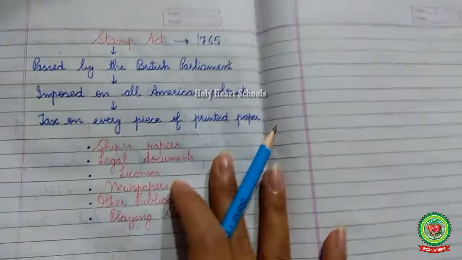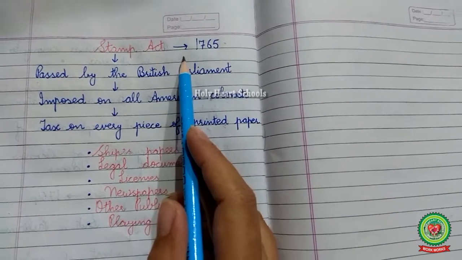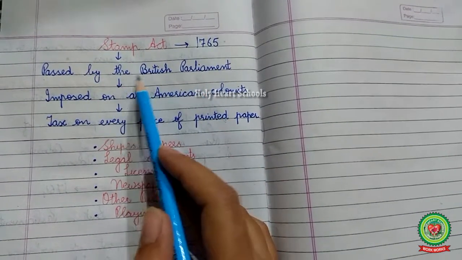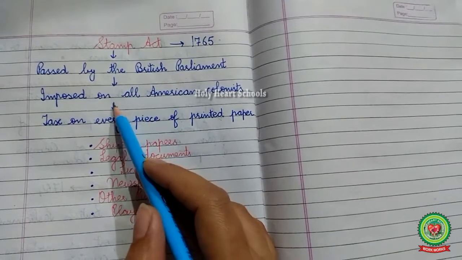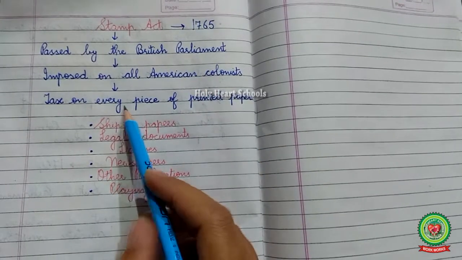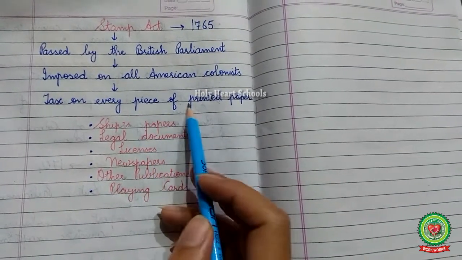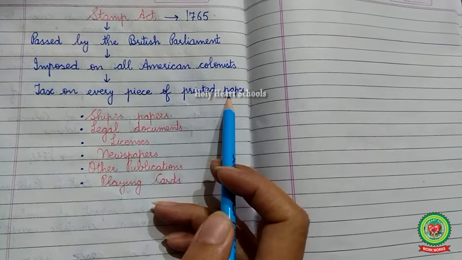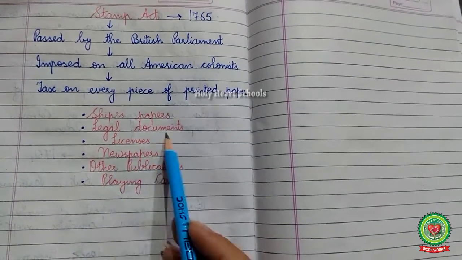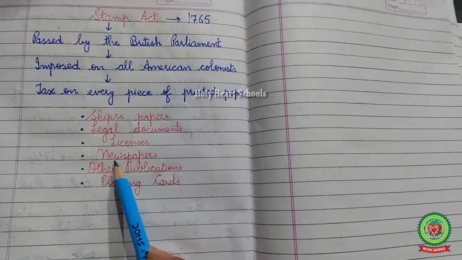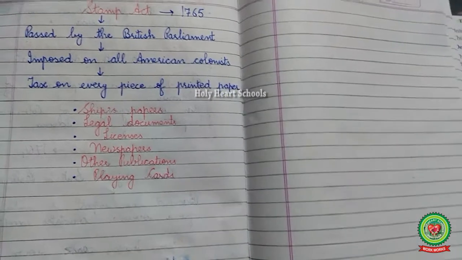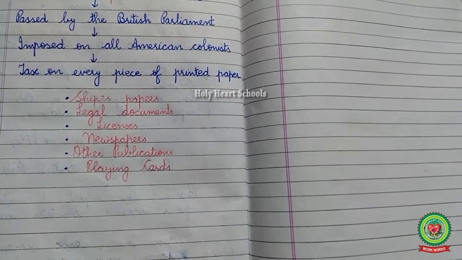Now the second is the Stamp Act. The Stamp Act was passed in 1765, again by the British Parliament, and it was imposed on all the American colonists. There was a tax on every piece of printed paper like ship's papers, legal documents, licenses, newspapers, other publications, and even on playing cards.